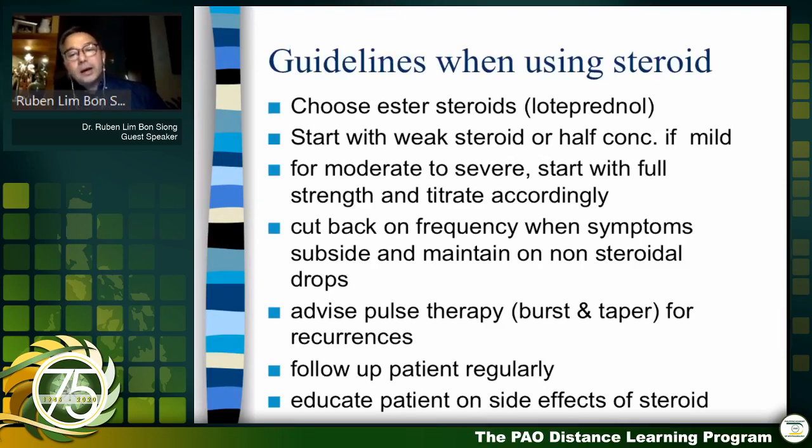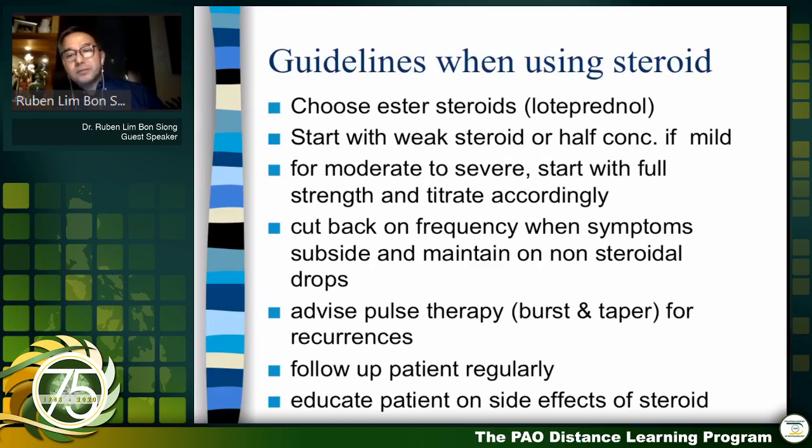Then you make them use steroids only for pulse therapy, because depending on the amount of allergen that they are exposed to, sometimes it gets very severe. That's a time when they have to use steroids, and then just tell them to use it for a day.